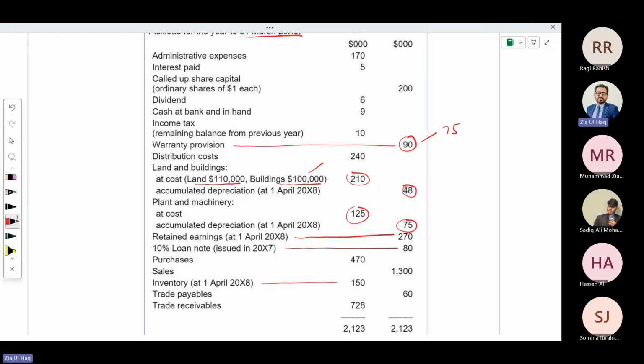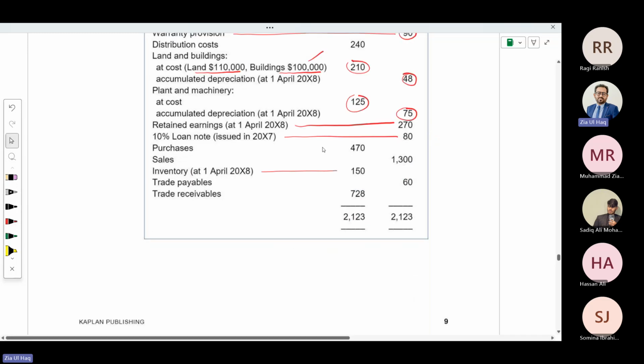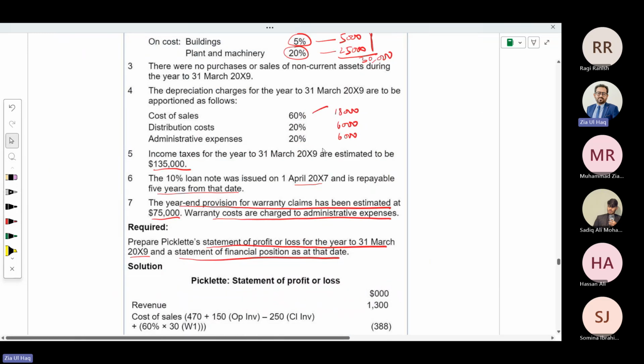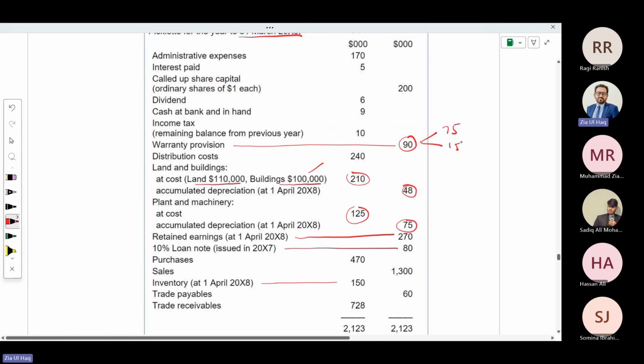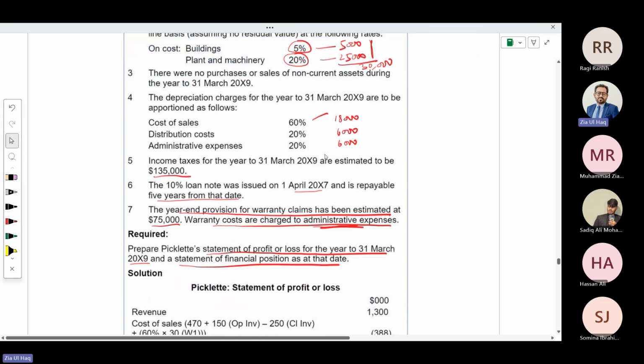And the 15 extra warranty created, we need to deduct from the expenses. From which expenses? Admin expenses. Can you understand this? In the admin expenses figure we need to add the depreciation and deduct this 15. So this is the data.